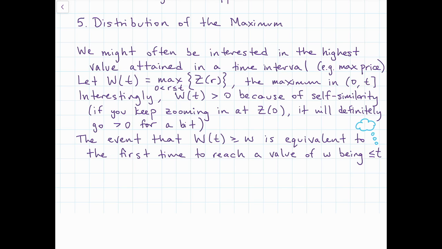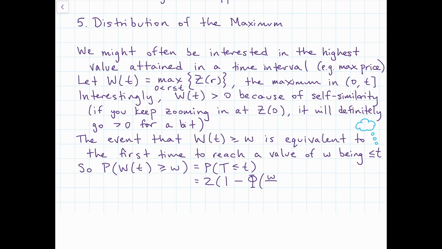If the maximum value is at least w by time t, that means the time it took to reach w must be less than or equal to t. Those two events are exactly equivalent, and again, little w is positive here. Because those two events are equivalent, their probabilities are equivalent. So the probability that W of t is greater than or equal to little w is the probability that big T, the time to reach w, is less than or equal to little t.